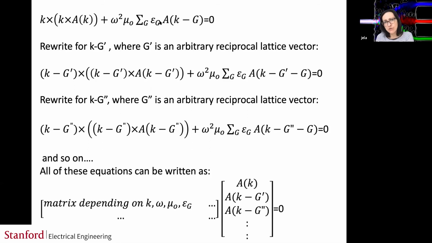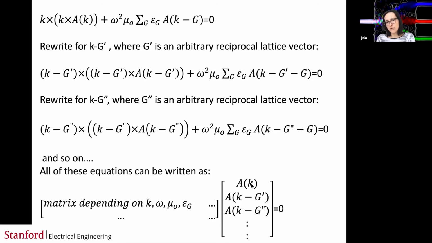But anyway, I can rewrite this master equation as many times as I like, and I will always couple only the coefficients on a specific reciprocal lattice that is drawn around the K point that you picked. And all of those equations can be written as some matrix, which depends on K, omega, mu naught, epsilon, G, right? Everything that you have in these equations other than A of K. And then here you have a vector that would give you all the A of K coefficients.